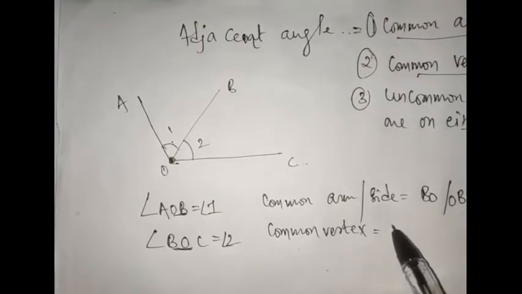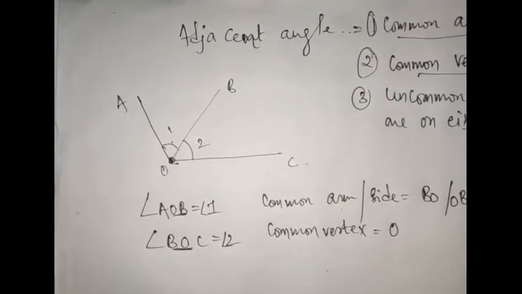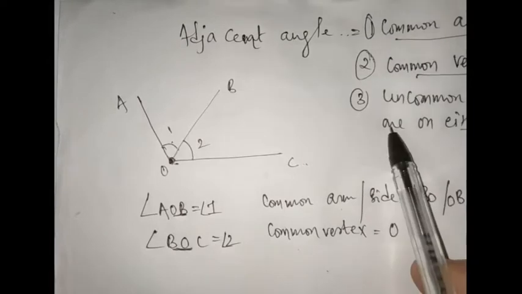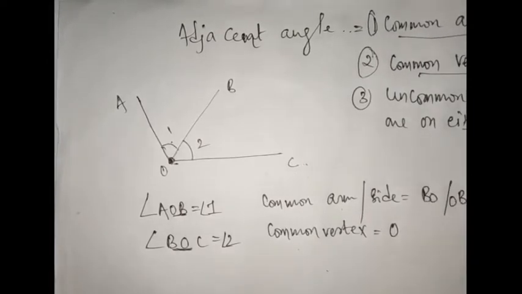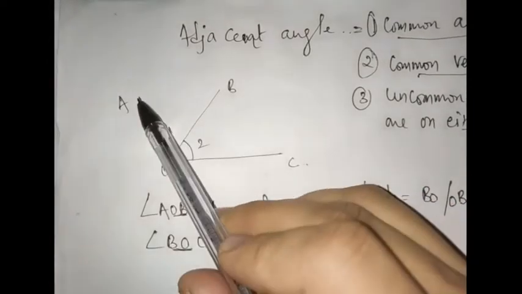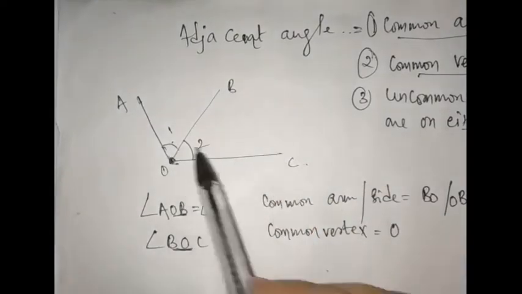And the uncommon arms are on either side. What are the uncommon arms here? They are AO and OC.